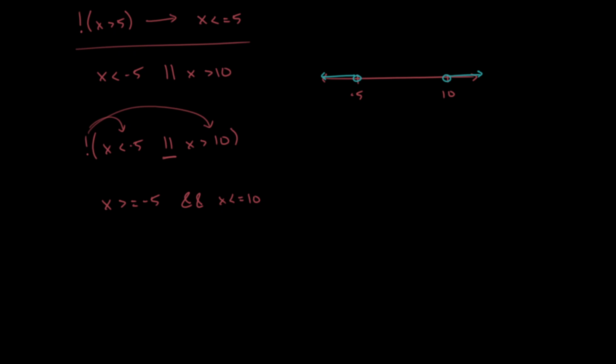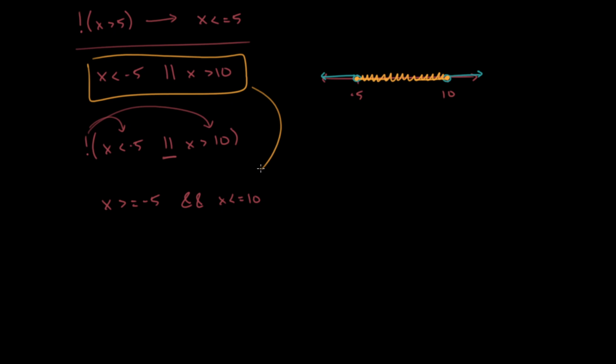And if I look at my number line over here, x is greater than or equal to negative 5, so including negative 5 and going in this direction, and then x is less than or equal to 10, so going in this direction. So it's all these values. This is the negation of my original statement. These are negations of each other. We got from one to the other using De Morgan's law, but then justified it using our number line.